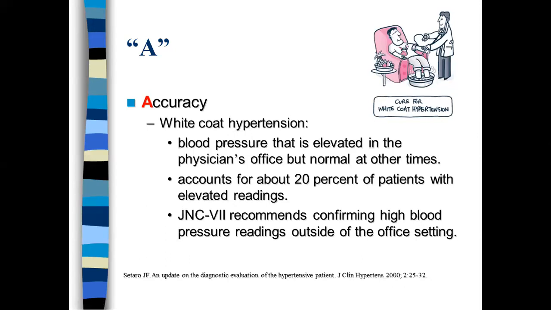Sometimes we get patients with a very high initial reading of blood pressure. You might find it 220 over 110. And if you rest the patient and talk to him and distract him, and then measure again, you will find that the blood pressure went down.